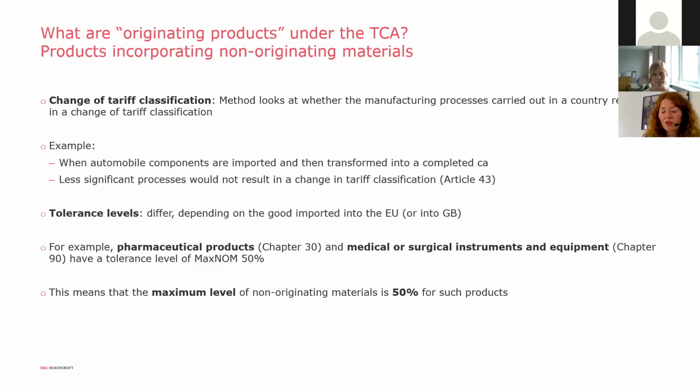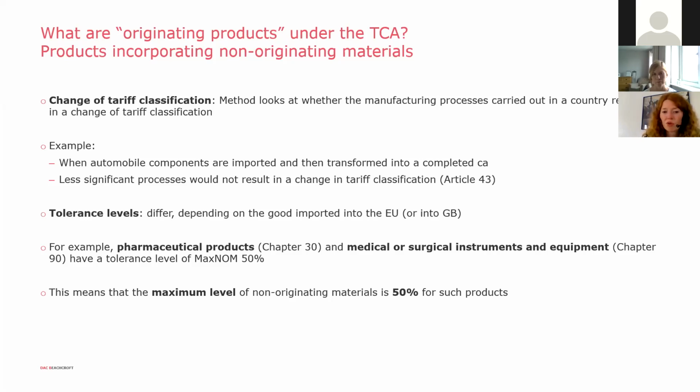The other case is tolerance levels. They differ depending on the good imported into the EU or Great Britain. For example, pharmaceutical products in many respects have a maximum level of non-originating material, which is 50%. That means 50% of the overall product can come from non-originating material.